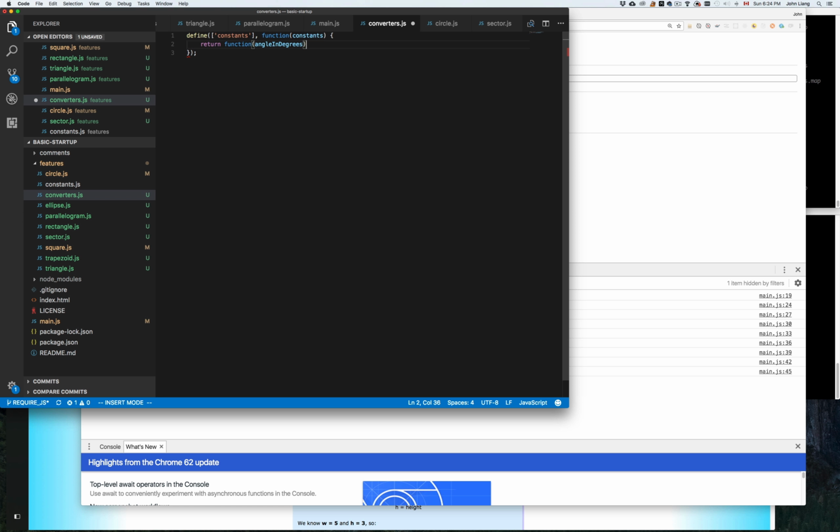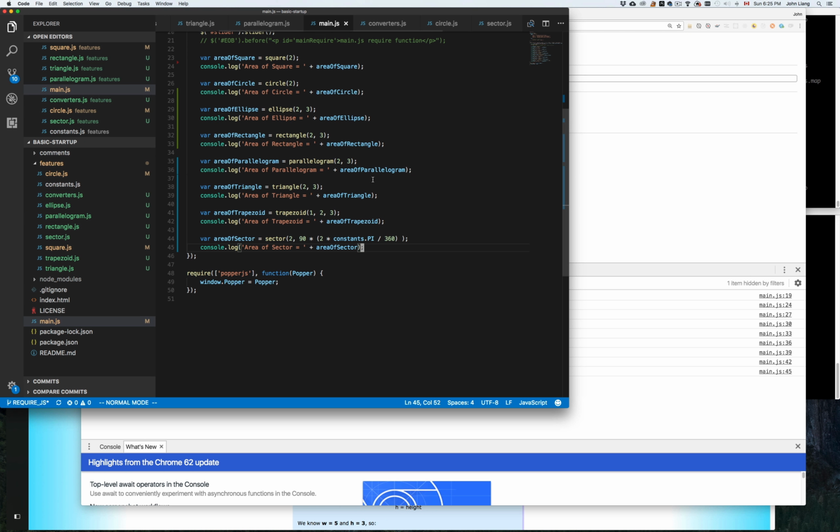Okay. And in this function, we are going to return angle in degrees times the ratio. And the ratio, for the conversion, is 2 times the constants of pi divided by 360 degrees for the entire circle. So let's save that.